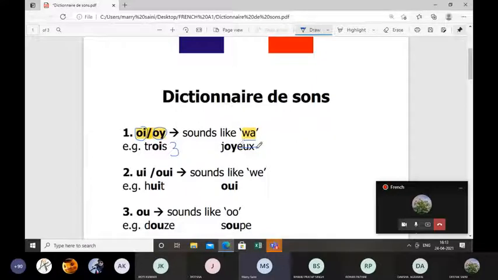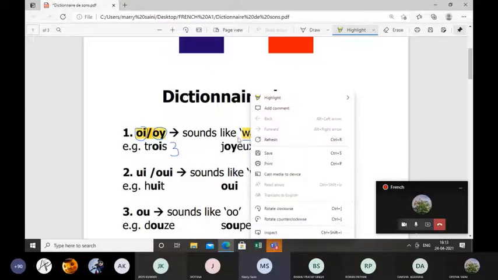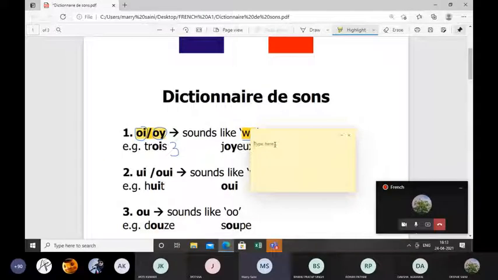So when I cut EUX, the sound is joie, but since it is along with this, the word is read as joyeux. Joyeux we can use for merry or happy.